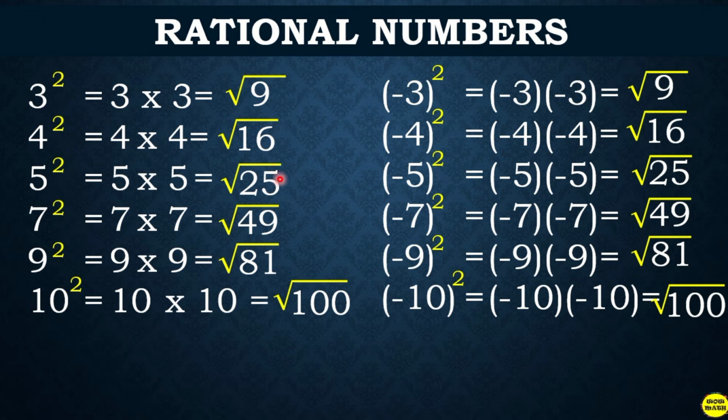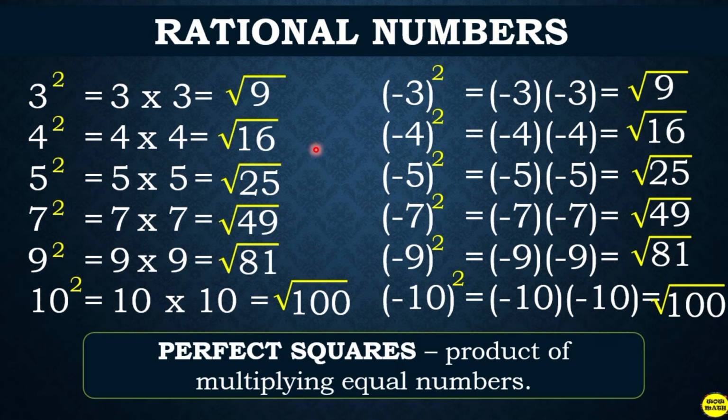Okay. And these numbers, anong tawag natin dito sa 9, 16, 25, 49, 81, 100? Yan ang tinatawag natin na perfect squares. Ano nga ba ang ibig sabihin kapag perfect squares? So, ang perfect square, ito yung product when we are multiplying equal numbers. Kagaya nito, if I have 9, ito yung product kapag nag-multiply tayo ng equal numbers.